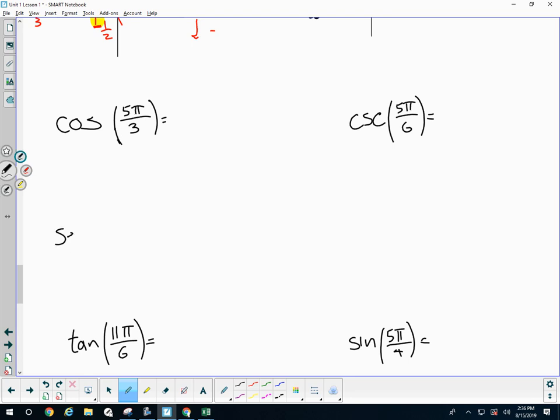But we will also figure out the secant of 5 pi over 3 at the same time. You need to try to do it without using any references. If you can't, you'll need to work on it between now and Monday, because this stuff has to be mastered between now and Monday, or else it will haunt you for the rest of this class.